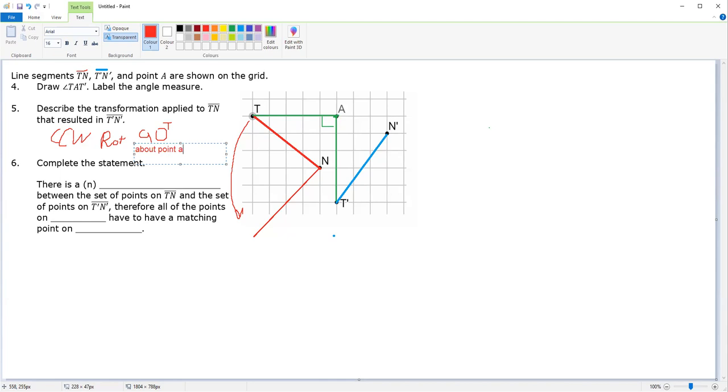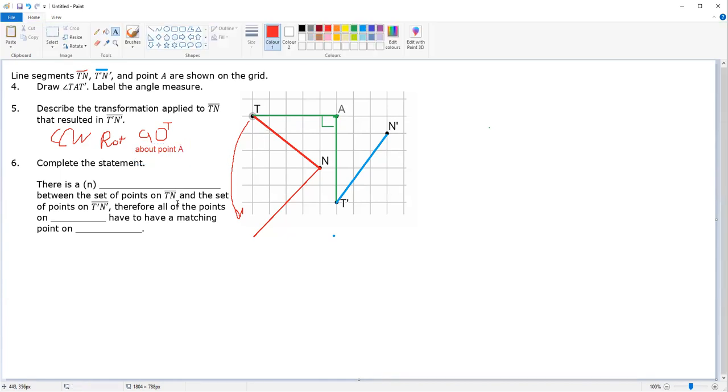Okay, and they got a point thing here. There is a blank between the sets of points on the line segment and the other line segment.